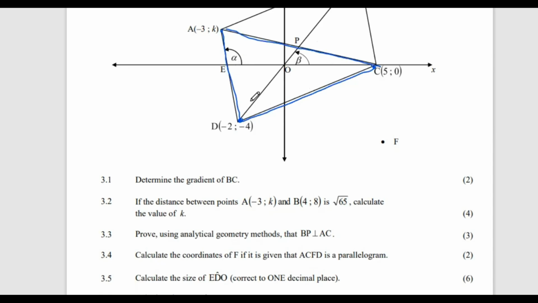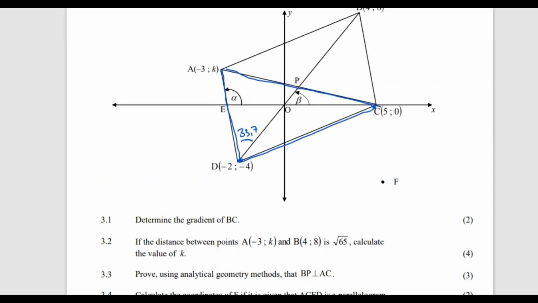Since we got this as 33,7, and they told us that this is a parallelogram, according to the information that was given, even this bottom part must be 33.7 because the diagonal bisects these angles.